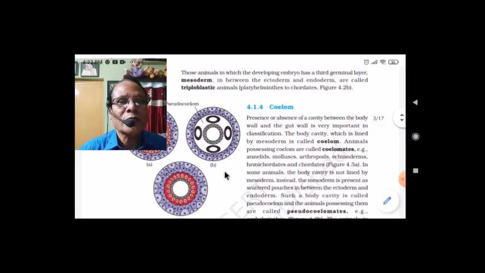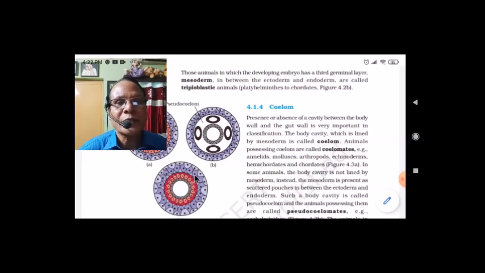The last one is some animal groups, for example the flatworms or Platyhelminthes. Even the body cavity is absent. We have only outer ectoderm and inner endoderm, in between which there is no space. That space is filled with parenchymatous cells. So the coelom is completely absent.